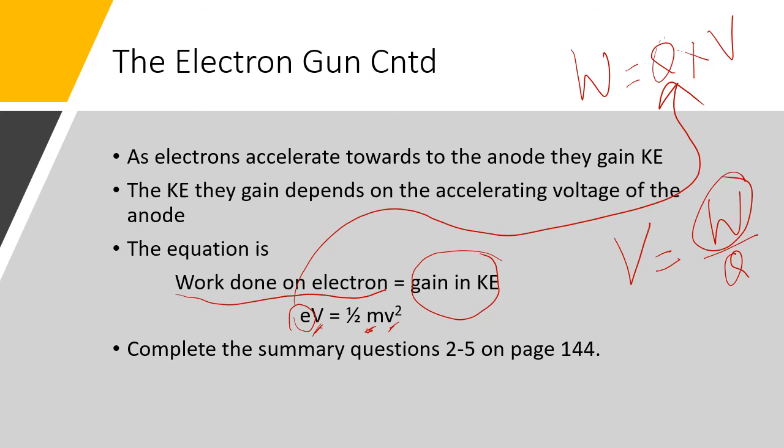Okay, so I repeat. Question 1, express volts in base units. Question 2, summary questions 1 to 6 on page 142, and finally summary questions 2 to 5 on page 144.